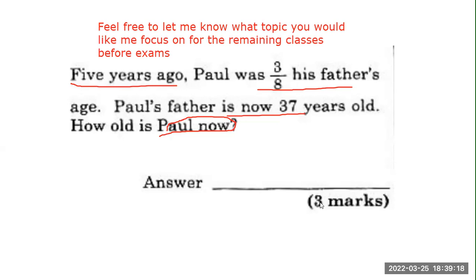So 5 years ago, we would have this scenario here. We would have Paul's father. And we would have Paul. Right, so this representing the two scenarios here. So we have Paul was 3/8 his father's age.